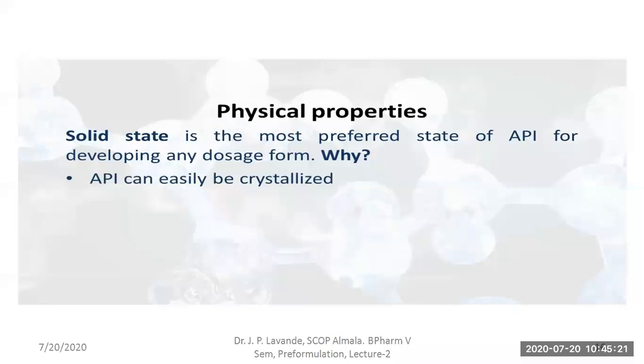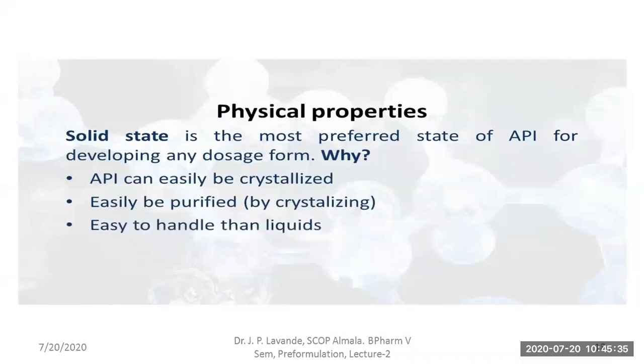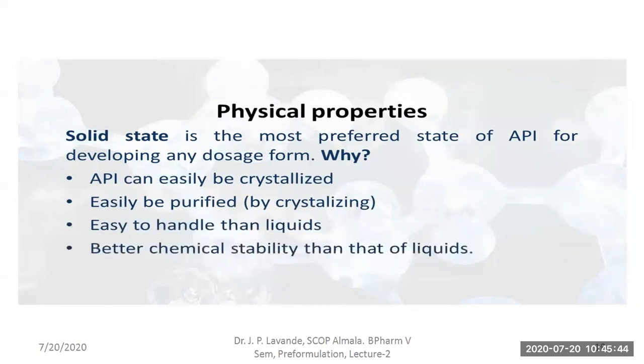The first reason is that if it is in the solid state, the API can be easily crystallized out. When the process of crystallization becomes easy, the process of purification is easy. It is easy to handle than the liquid, than the gaseous, than the amorphous form. It has better chemical stability than the liquids.